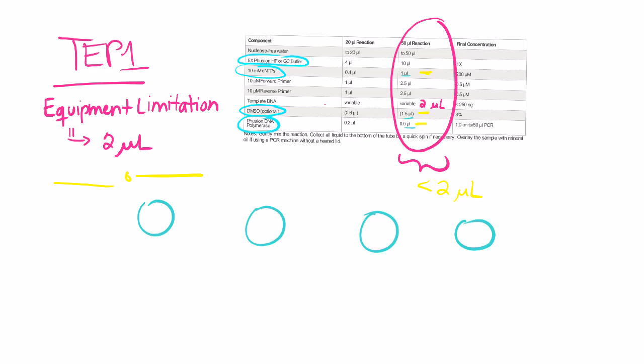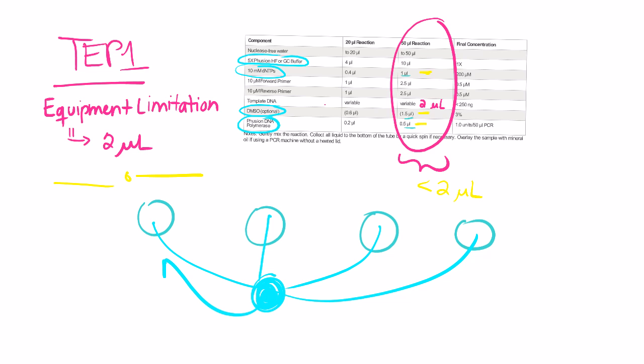So once we created this one big solution for all of us, we then separated it again amongst us four. And then we added our variable components that included the primers that are specific to each of our genes, the template DNA itself, which is different for each, and the amount of nuclease-free water that would actually reach 50 microliters.